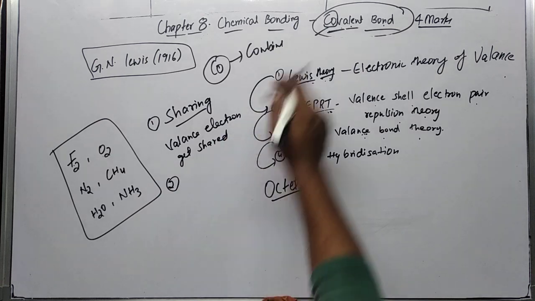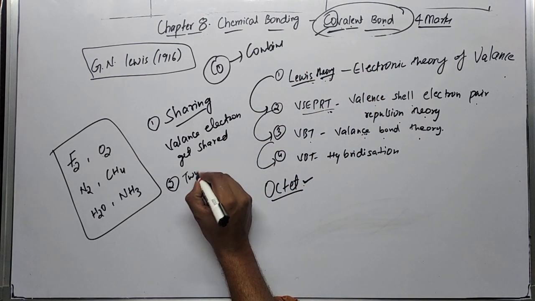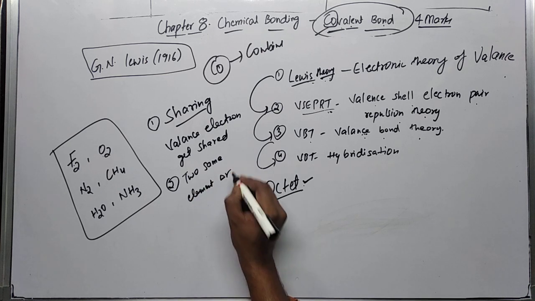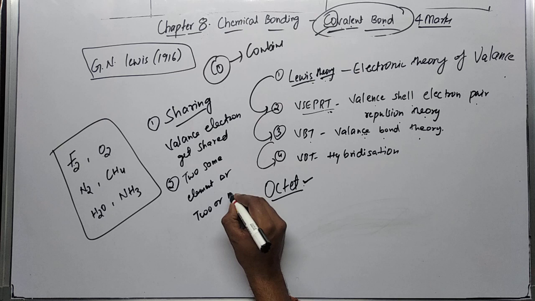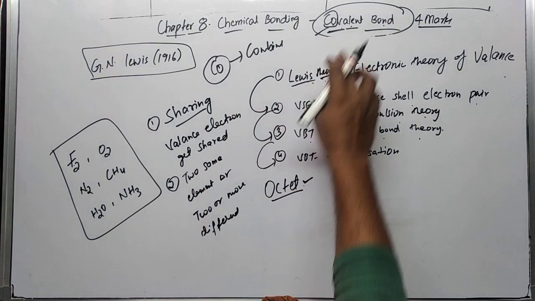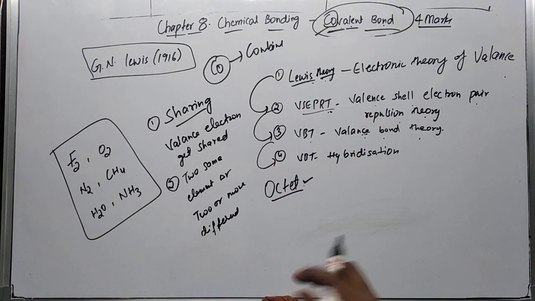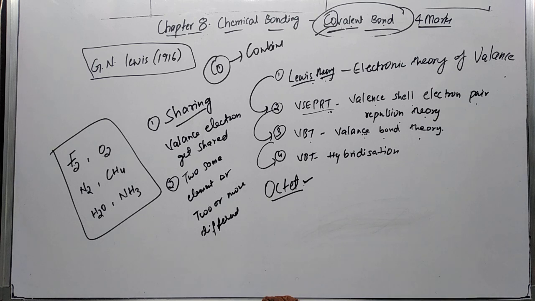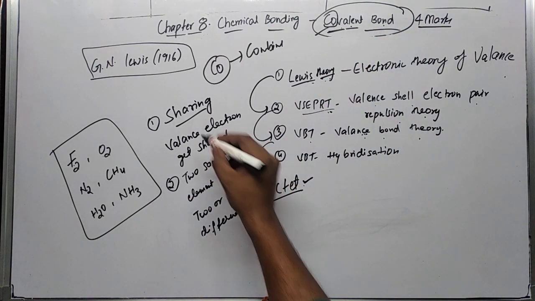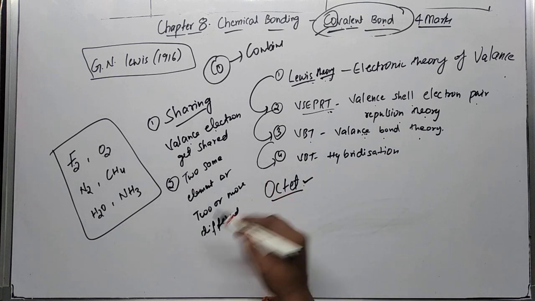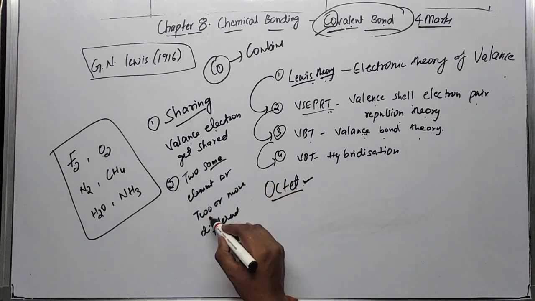Second point: a covalent bond can be formed between two same elements or two or more different elements. If anyone asks you what is the definition of covalent bond, you just say that it is a bond which is formed due to the sharing of valence electrons. The elements sharing the valence electrons can be the same or different.